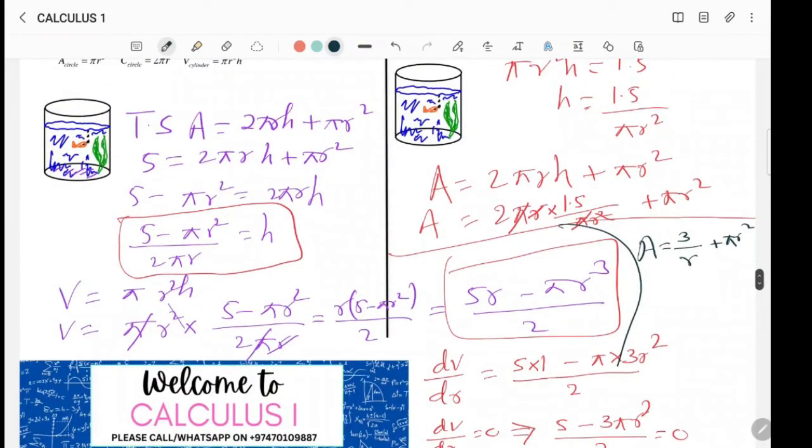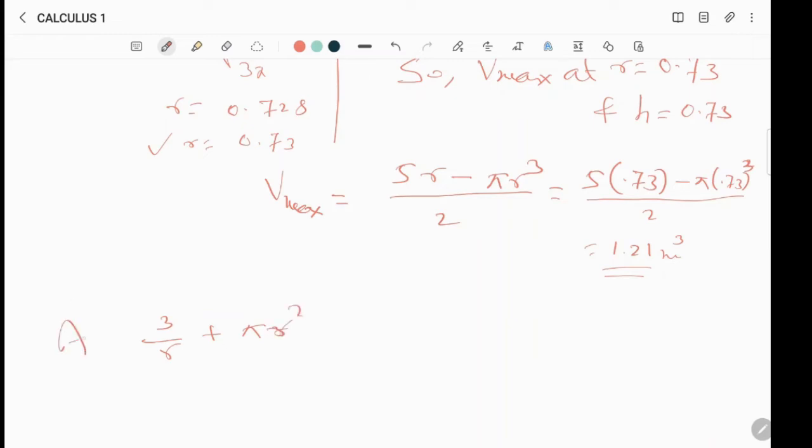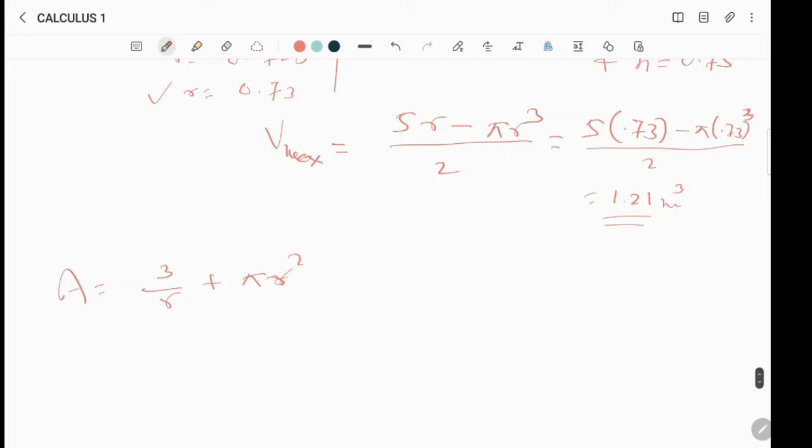So here, 3 over r plus pi r square. This is our area expression.